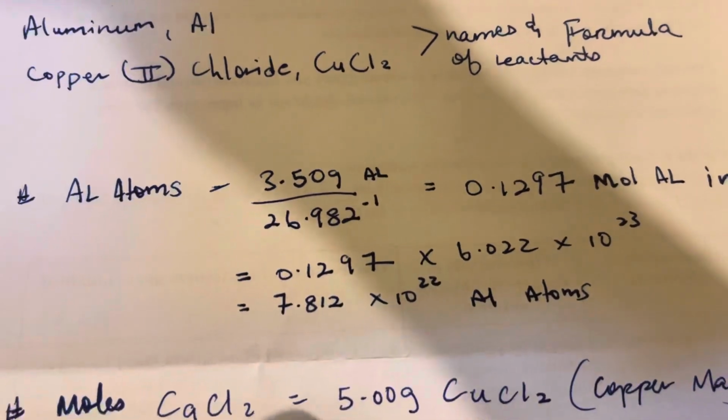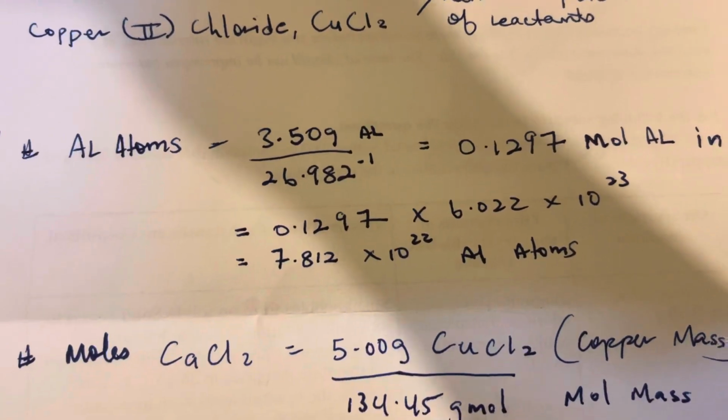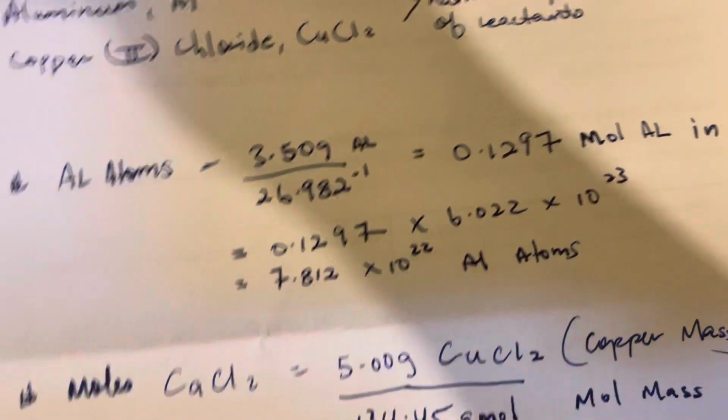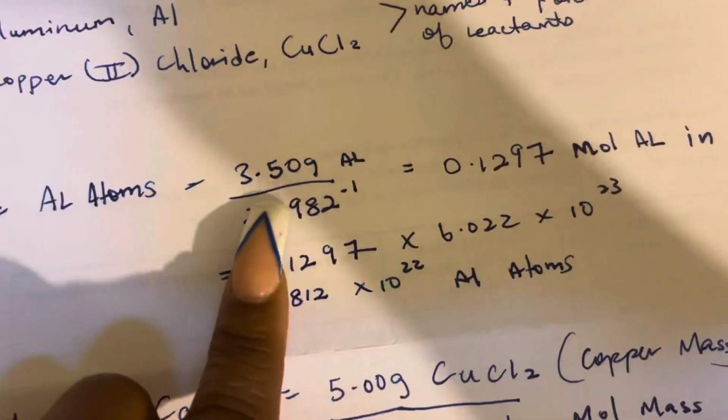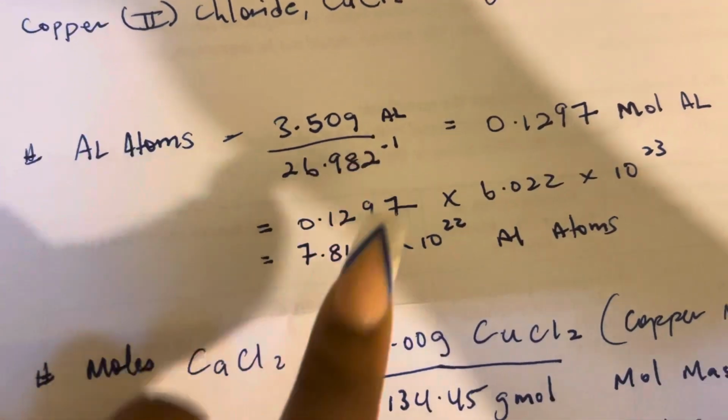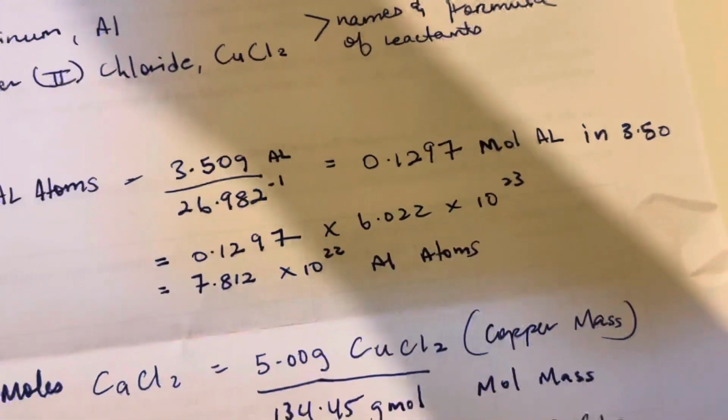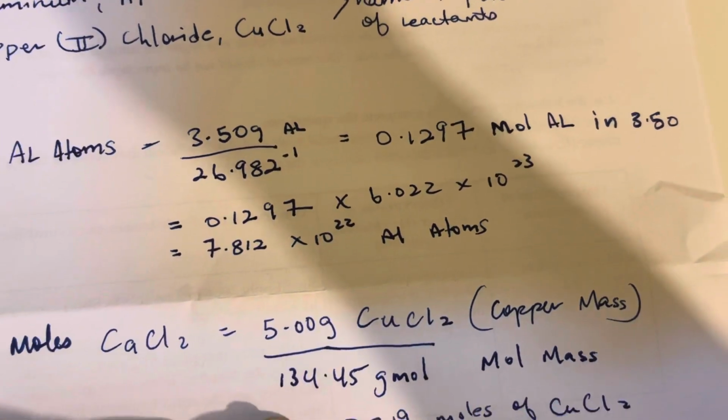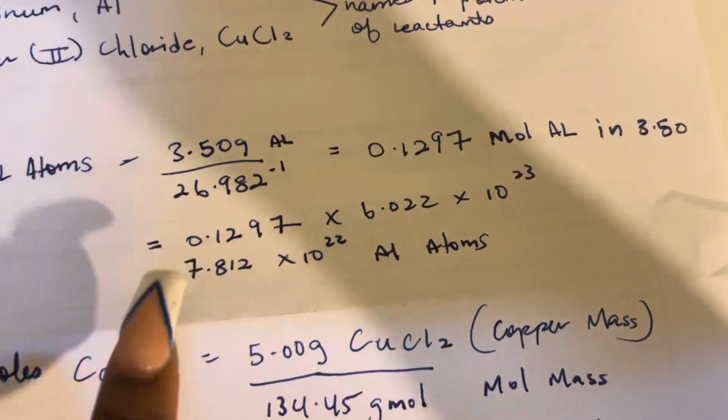First, you have to find the mole, because we already have the mass, which is 3.50 grams. So we basically need to divide.